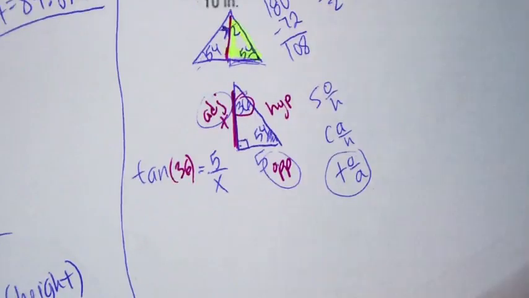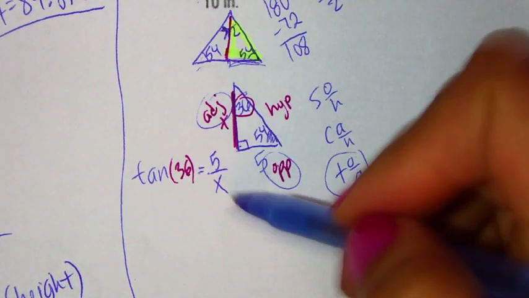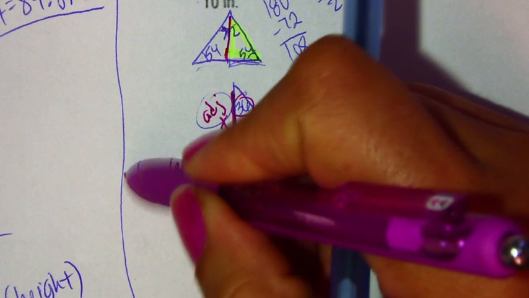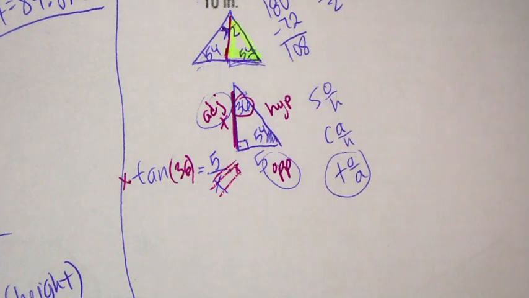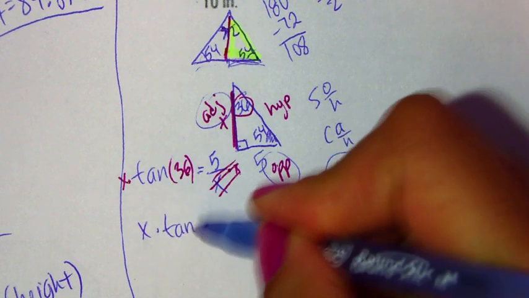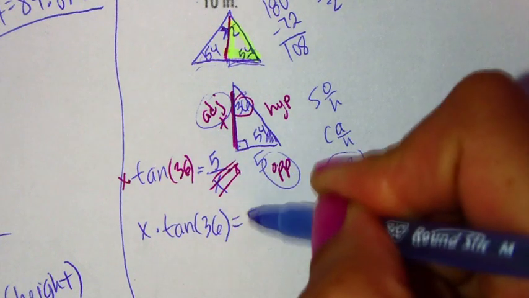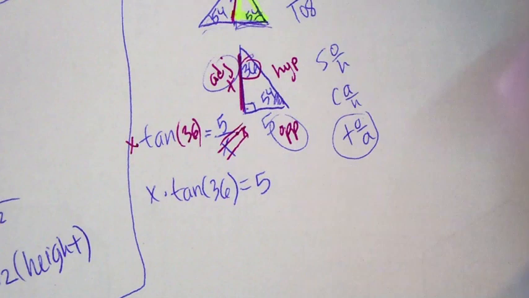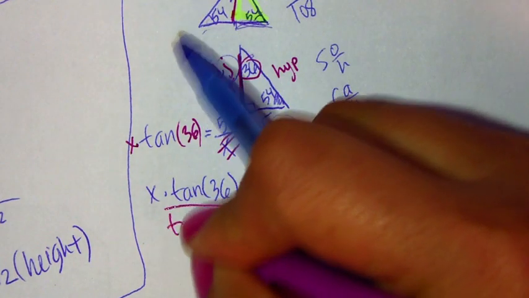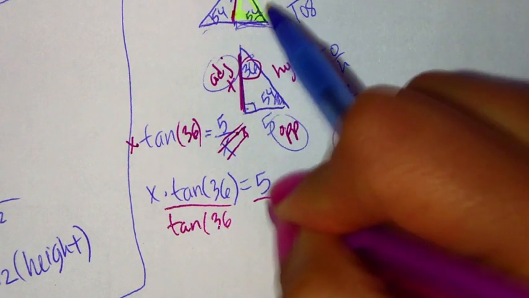And then this takes us back to previous units where we solved for X using this. So we're going to multiply times X on both sides. That cancels the division. And then this X times tangent of 36 equals 5 now needs to be isolated for X. So we need to divide both sides by tangent of 36.